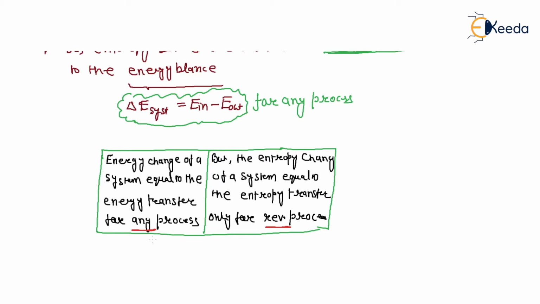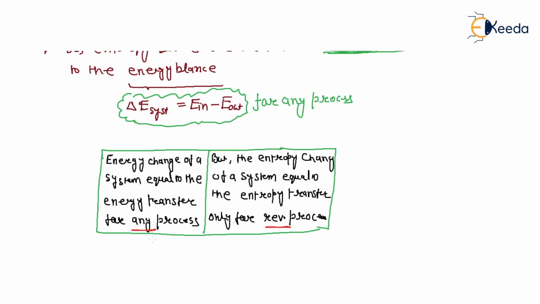So the analogue of energy conservation is the entropy balance. Energy balance is equivalent to the entropy balance if and only if the process is reversible.